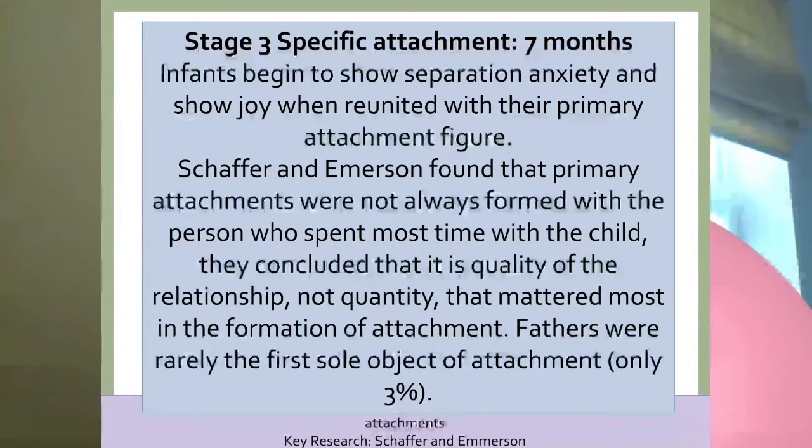A better explanation would be that if the child spent a lot of time in daycare, the daycare provider, their key worker, would not be their primary attachment figure. Their primary attachment figure would still be their mother, because their mother would provide a better quality of care, and they would have a better quality relationship with their mother. So that would mean that they would have that attachment with her.